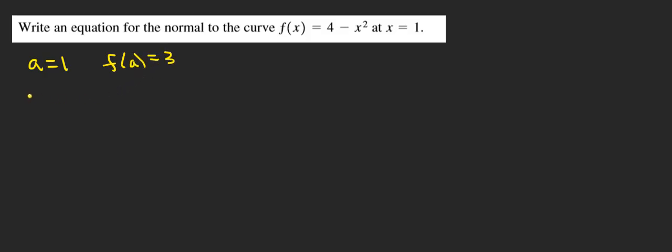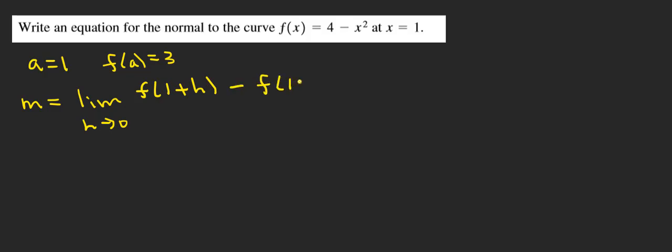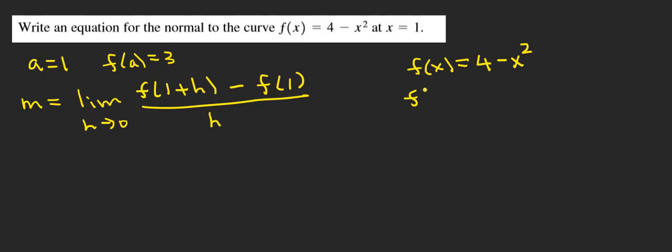So basically, in order to find the slope, we've got to find the limit as h goes to 0 of f of 1 plus h minus f of 1, over h. So since f of x is 4 minus x squared, you know that f of 1 plus h is 4 minus the quantity 1 plus h squared.